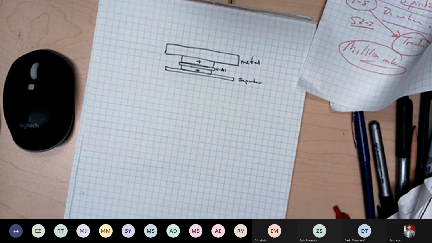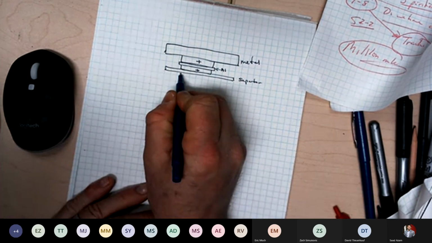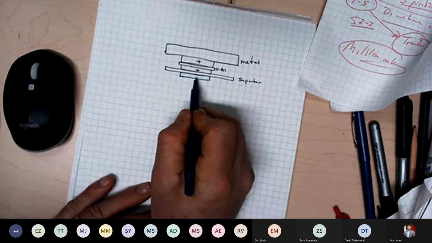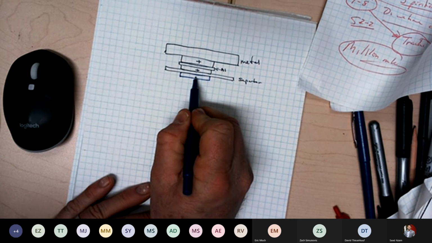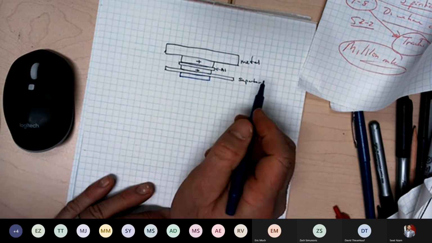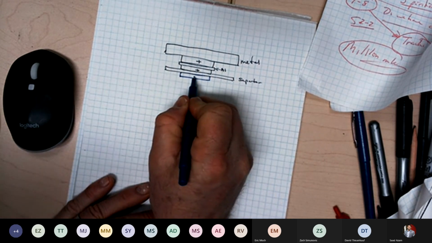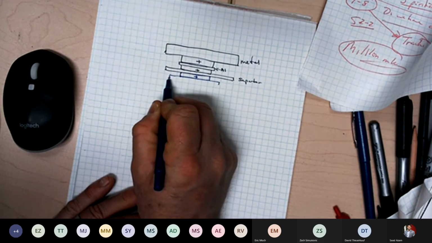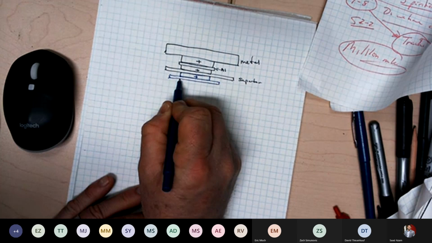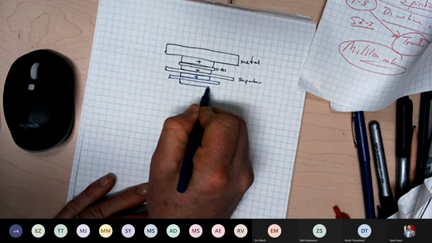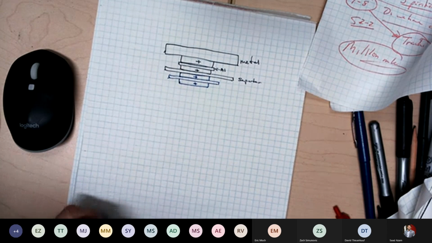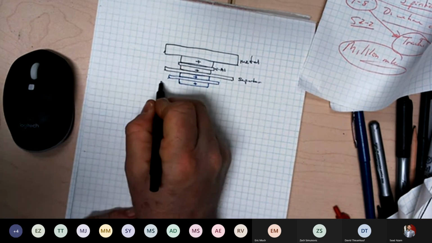And then it has a choice: it could be a negative electrode, or it could be a positive electrode. So I'm going to draw it as a positive electrode symmetric cell, so-called. And then it has another big piece of metal underneath.